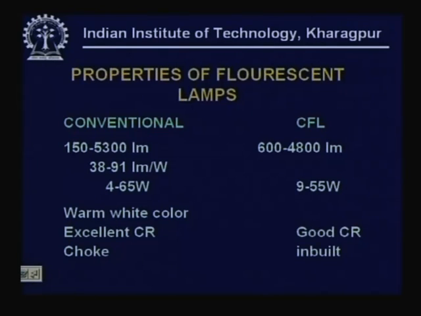They also have good color rendering, and as the name implies, it is a compact thing, which means it has got all the accessories. We talked about a starter, we talked about a ballast. Ballast is nothing but an inductor which enables maintaining the constant current nature of the arc, and it also enables a high potential initially to give the discharge.